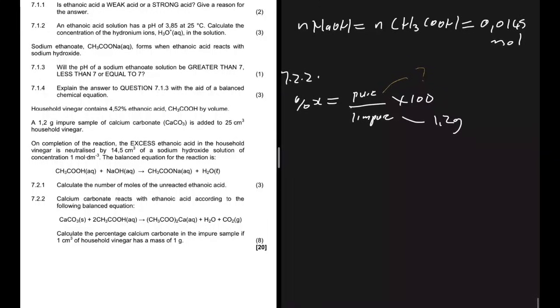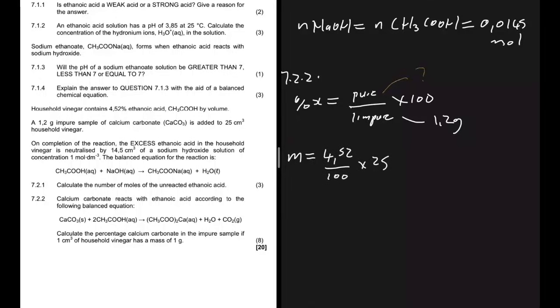So for the number of moles of ethanoic acid that reacted, we still need the initial mass, and to determine that we're gonna say that the mass is equal to 4.52 divided by 100 multiplied by 25.